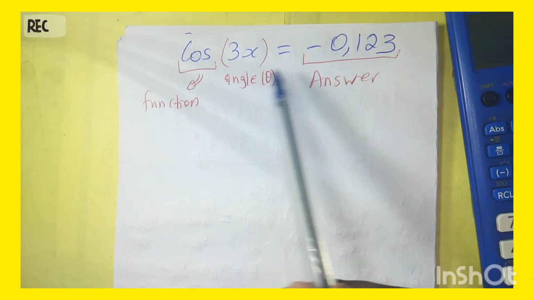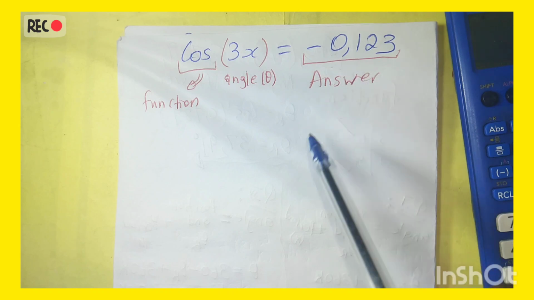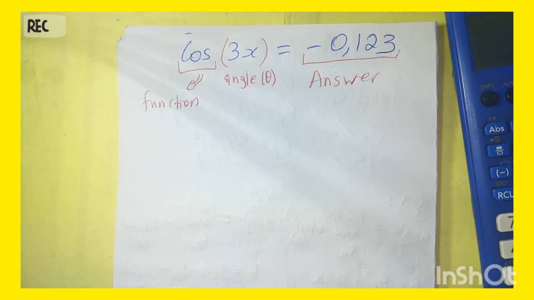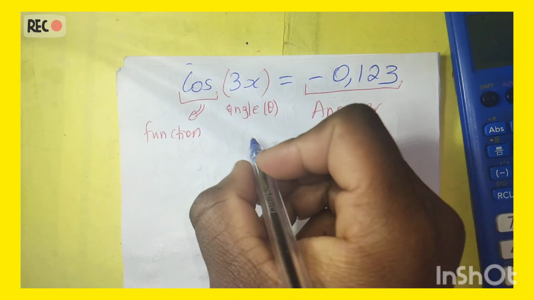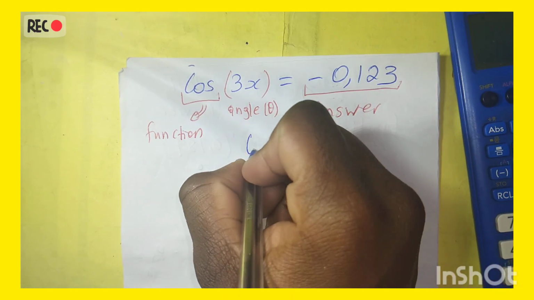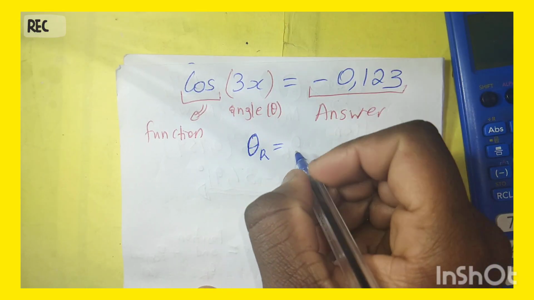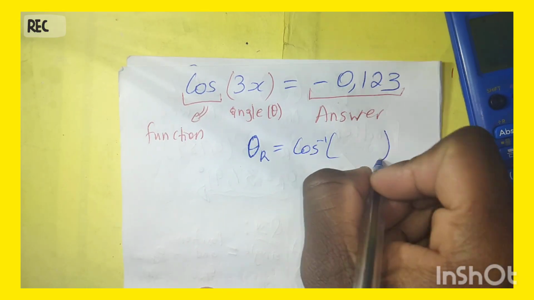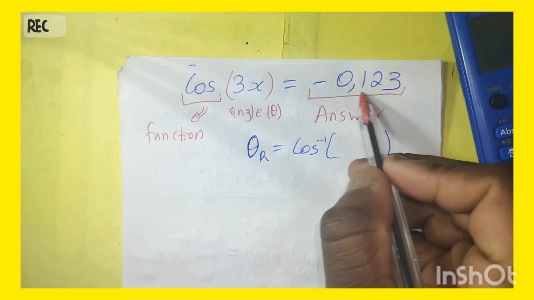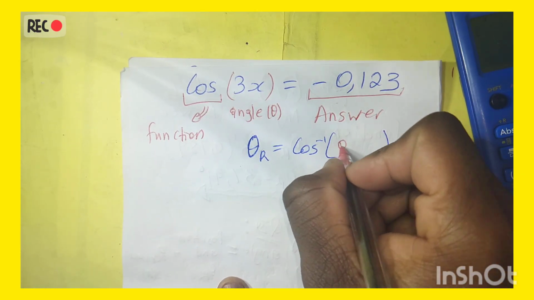On my equation, since the function is representing the answer, I can find a reference angle by saying this thing will be my reference angle, and write cos arc here. Then I take that answer as a value and substitute it here.